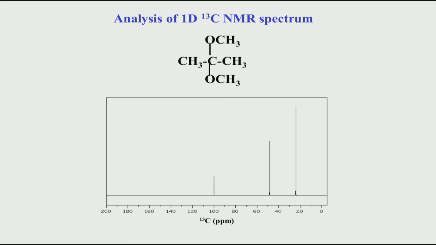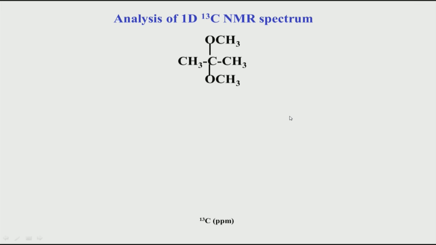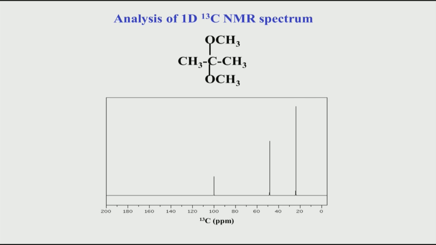Similarly, in carbon we will look at aromatic cases, where it is sometimes not easy to count the number of peaks, but roughly you can estimate the number of carbons simply based on the number of peaks. So, if I go back to the previous problem, there we had 1, 2, 3, 4, 5 types of carbons, and here also we have 1, 2, 3, 4 and 5 carbons. So, 5 types of carbon and 5 peaks. Similarly, here we have 3 types of carbon, we expect 3 peaks.